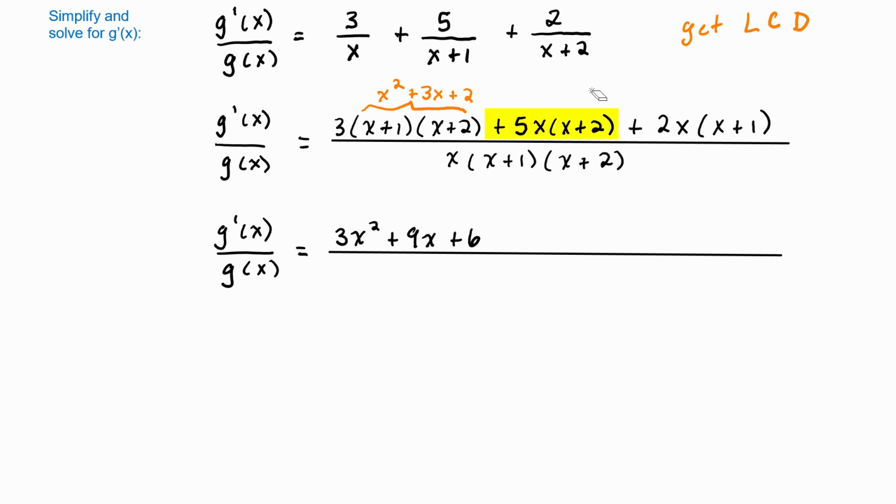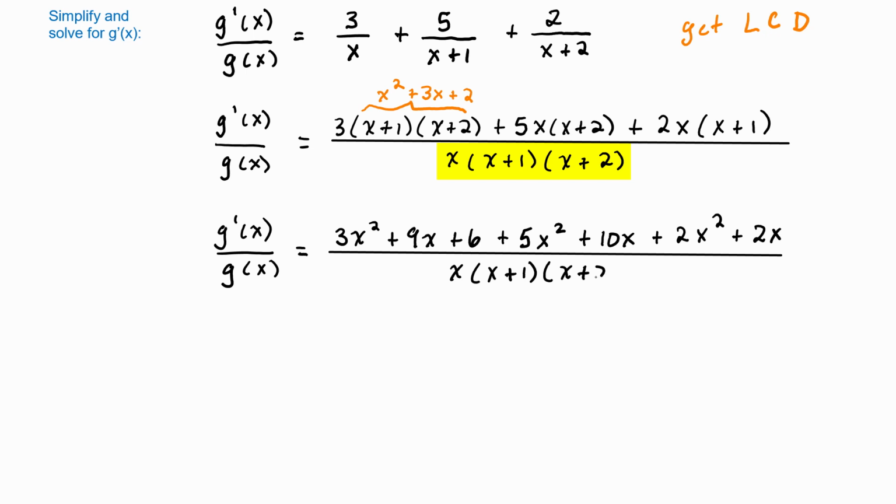Here, from this second term, we have to distribute the 5x. Taking that times x, we will add 5x squared, and then 5x times 2, we add 10x. And in this third term, we have to distribute the 2x, so 2x times x means we add 2x squared, and 2x times 1, we add 2x. Now our denominator is going to stay the same, x times the quantity x plus 1 times the quantity x plus 2.